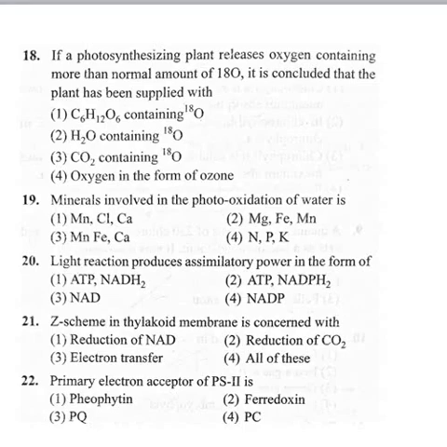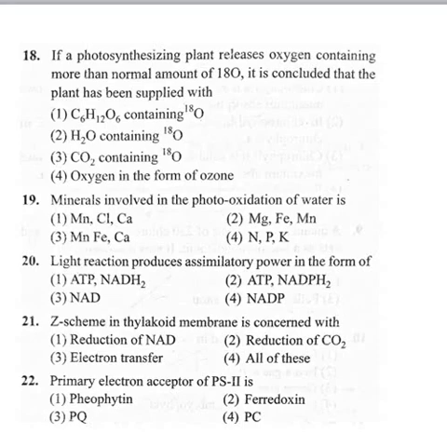Z scheme in thylakoid membrane is concerned with option 1 reduction of NAD, option 2 reduction of carbon dioxide, option 3 electron transfer, option 4 all of these. So Z scheme in thylakoid membrane is concerned with electron transfer.